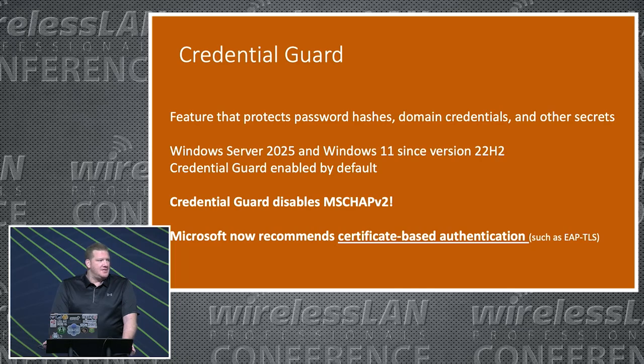If you've not heard of this and you're using MSCHAPv2 for your environment, you need to look into it. You might see this feature impact your clients' abilities to get connected to the network because Credential Guard disables the use of MSCHAPv2. It's only a matter of time, I feel, before other OS vendors also begin to deprecate this protocol.